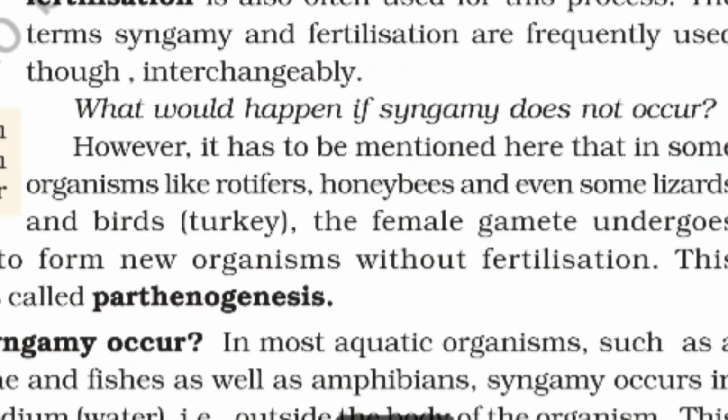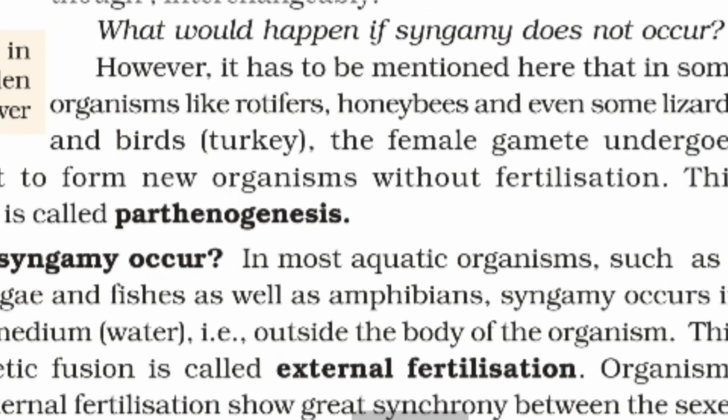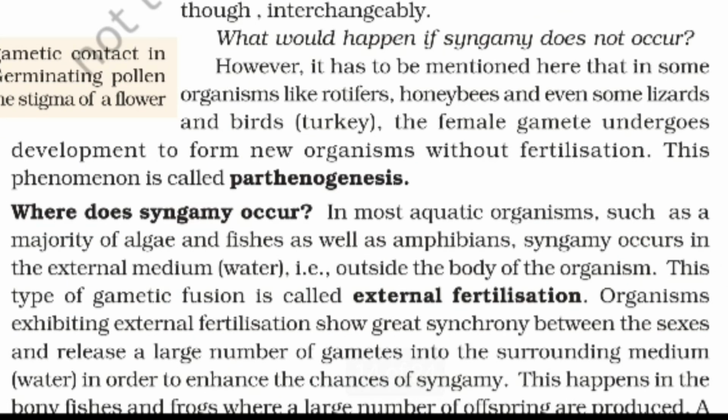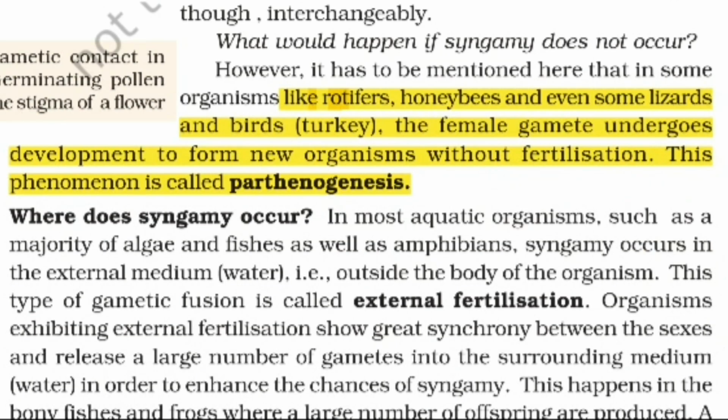Now this question arises: what would happen if syngamy does not occur? In this condition, nature has provided another kind of phenomenon. We have a few examples like rotifers, honeybees, and even some lizards and birds like turkey, where the female gamete undergoes development to form new organisms without fertilization. This phenomenon is called parthenogenesis.